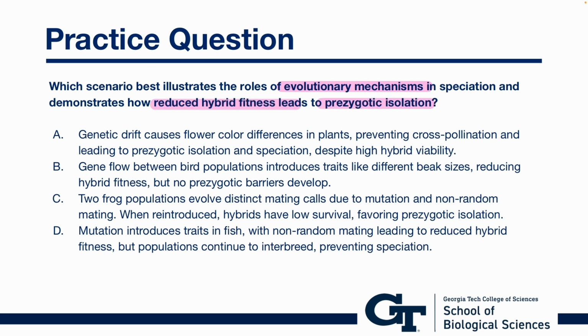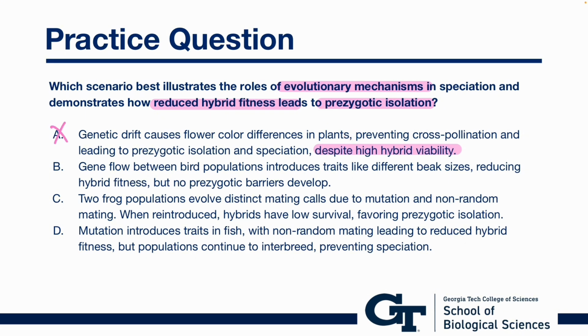So again, before sperm and egg unite. And so basically, what these scenarios are, let's look at the first one. So we have genetic drift causing flower color differences that prevent cross-pollination, so some form of mechanical prezygotic isolation that results in speciation despite, here's our red flag, despite high hybrid viability. So does this demonstrate how reduced hybrid fitness leads to this? No, so it's not A.